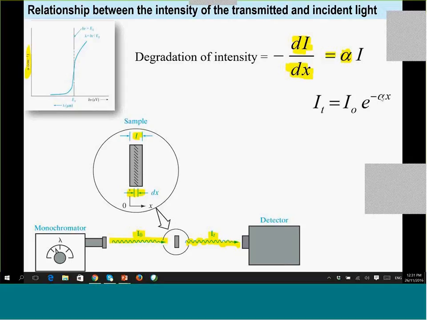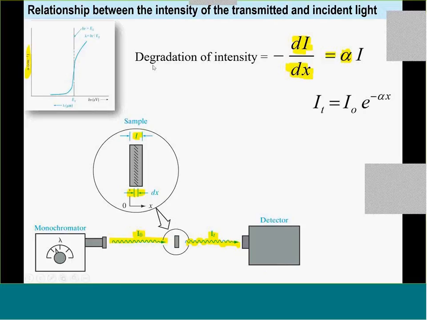So we can see that there is a decrease in the intensity after some of it has been absorbed by the sample. So in our case, the length traversed is L. So we can safely put that x is equal to L.